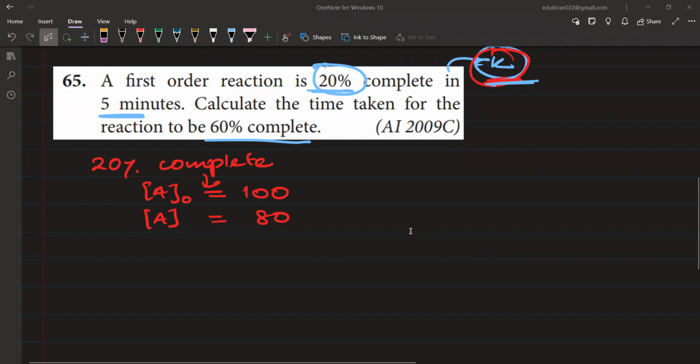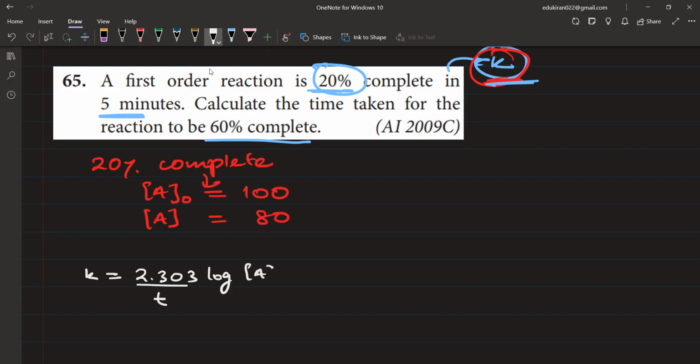Okay, Astha and Minashi, both of you are getting the same answer. I think that must be right then. So what do we have here? K will be equal to 2.303 divided by the time taken and log of A naught by A. So we have 2.303 divided by the time.